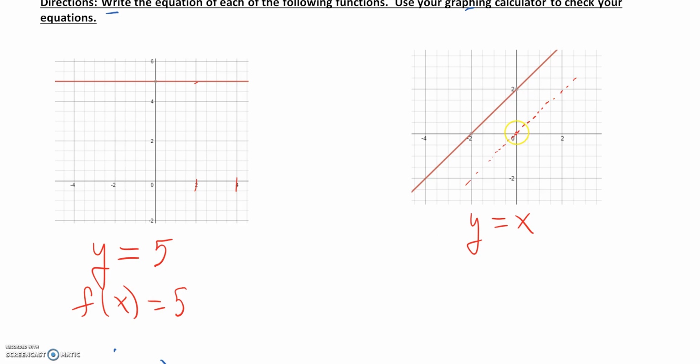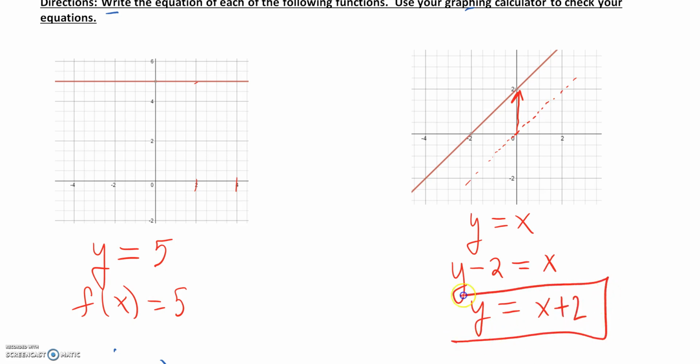Either one is going to be the same. So let's just say I moved this up 2. Well, moving it up 2 means I'm going to affect the y value. So up 2, let's do the opposite. Let's subtract 2, so y minus 2 equals x. That technically is the function, or we could say y equals x plus 2.